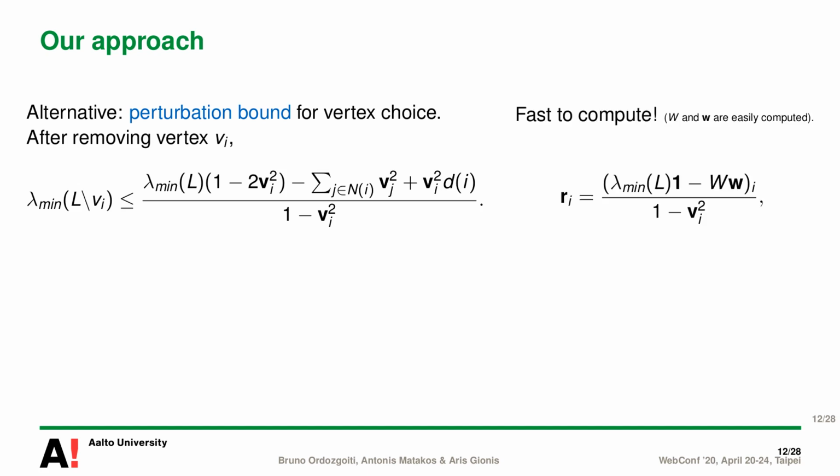A key advantage of this upper bound is that it's very fast to compute for all vertices. Essentially, with a matrix vector operation, we can compute this upper bound for all of the vertices, for the resulting minimum eigenvalue from removing any of the vertices in the graph.